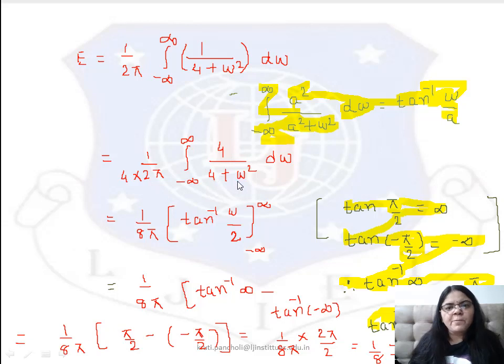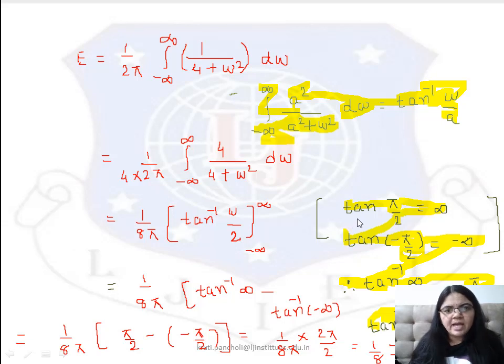Now we put this particular function over here: the integral from −∞ to ∞ of 4/(4 + ω²) can be represented by tan inverse of ω upon a. So it is tan inverse of ω upon 2, with limits from −∞ to ∞. So we put tan inverse infinity by 2 plus tan inverse minus infinity by 2.